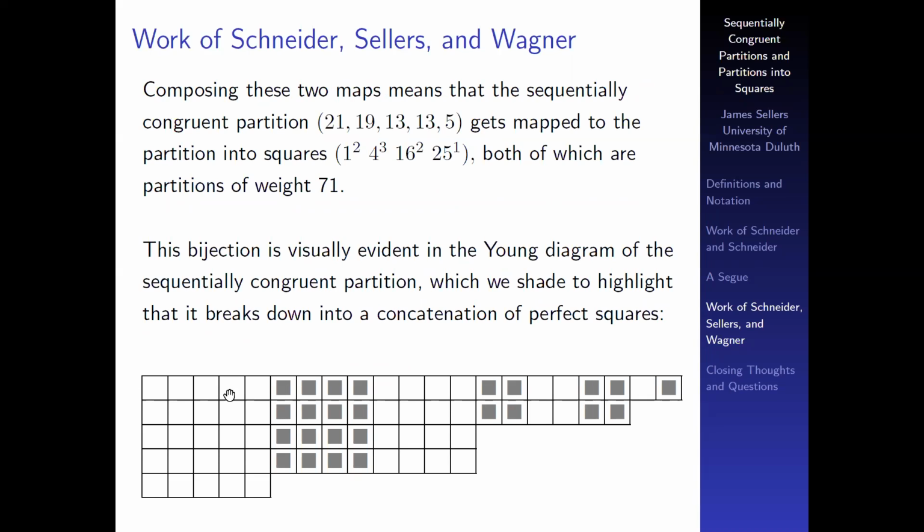And if you block these off in the right way, here's a 25, which is here. There's a 16 with another 16. There's the two 16s. There's a 4 and a 4. Those are the 3 4s. And a 1 and a 1. Those are the 2 1s.